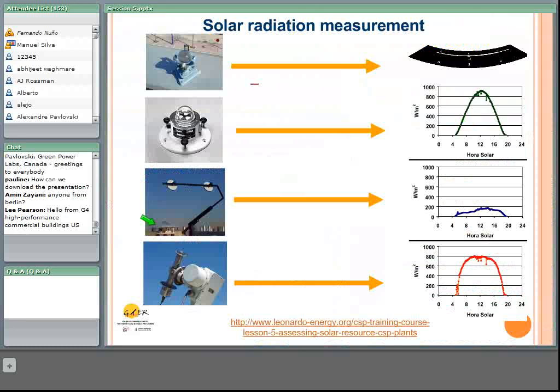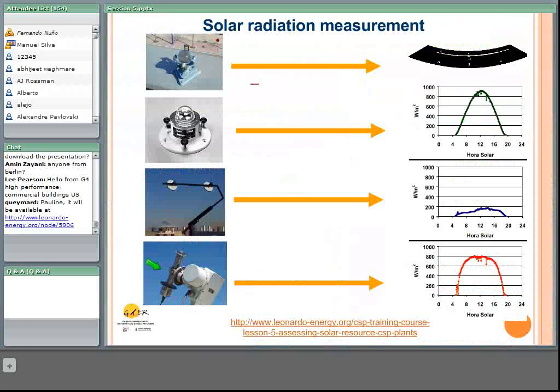There are different types of blocking devices: discs, balls, or bands. The use of one or another depends, of course, on the characteristics of the meteorological station, and in some cases models to correct the effects of the shading devices are required.